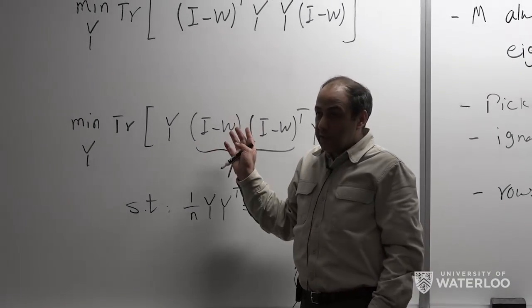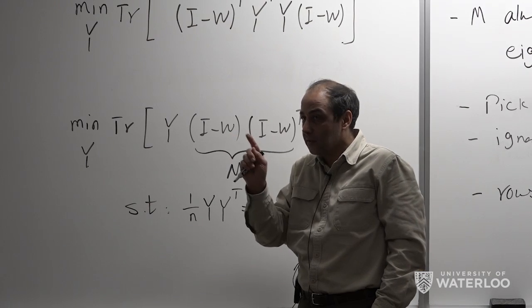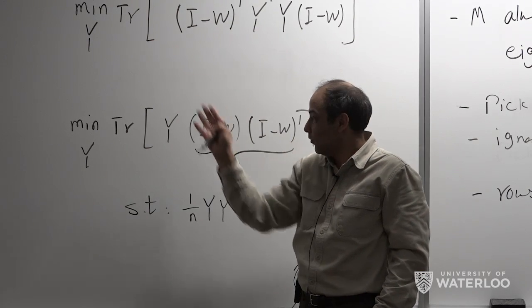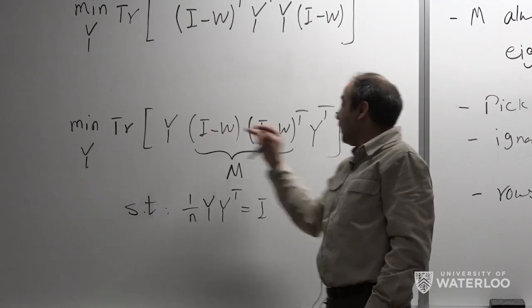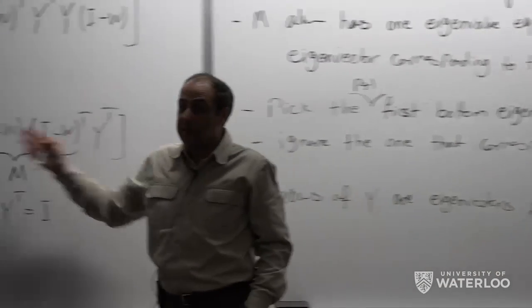W is a weight on the graph. Summation of W on a row is always 1 because of the constraint that we had before. So D in this case would be identity. So identity minus W is the Laplacian of the graph.